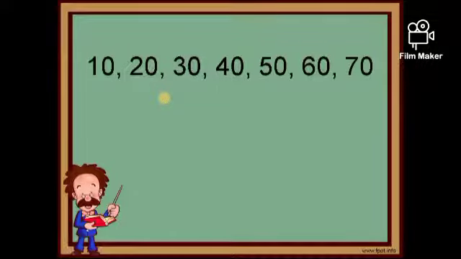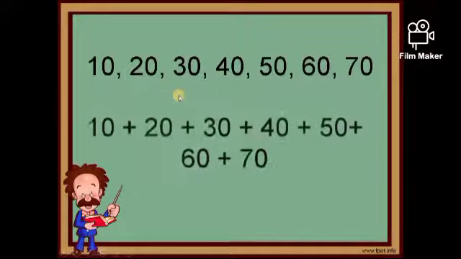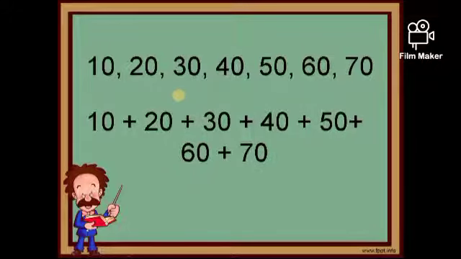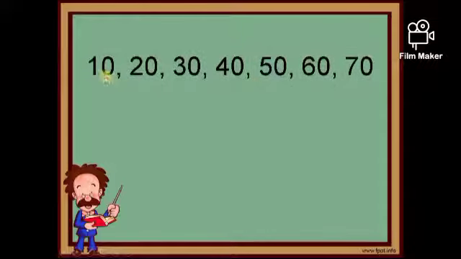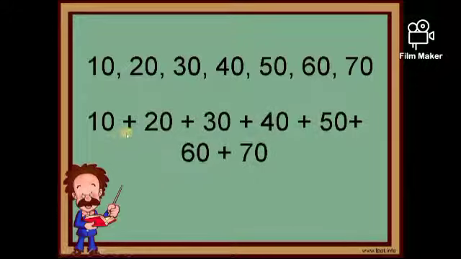Because we want the series, or arithmetic series, we need to take the sum of all those terms. Taking the sum of all terms, we have 10 plus 20 plus 30 plus 40 plus 50 plus 60 plus 70.